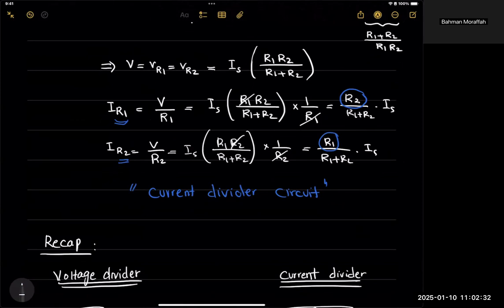But if I have more resistors in parallel, we can always simplify them down to two resistors and then use the current divider circuit that we have. So we don't really need a generalization for the current divider circuit.